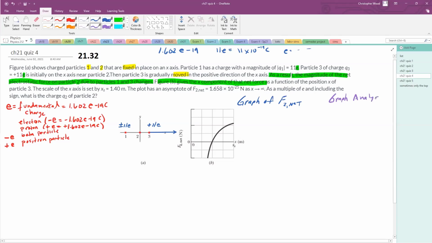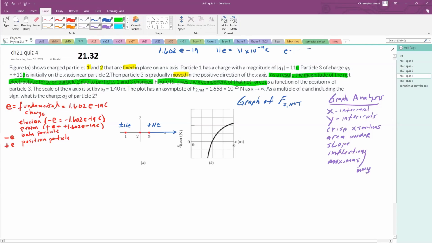When you analyze a graph, you're instinctively looking at x-intercepts, y-intercepts, intersection points, area under the graph as in integrals, slope, inflection points, and maxima and minima.